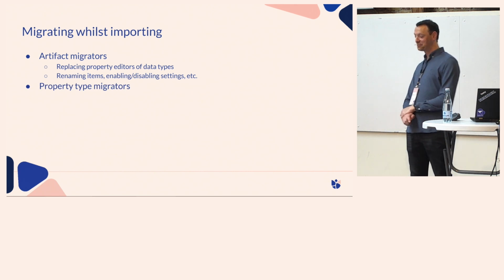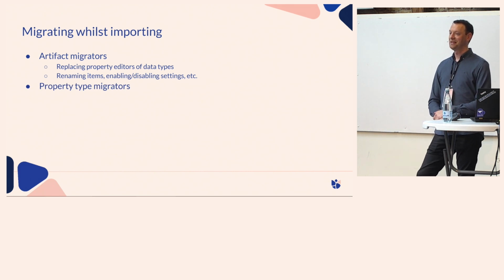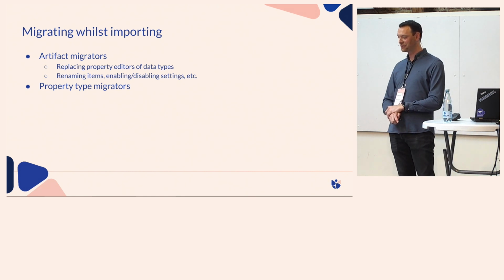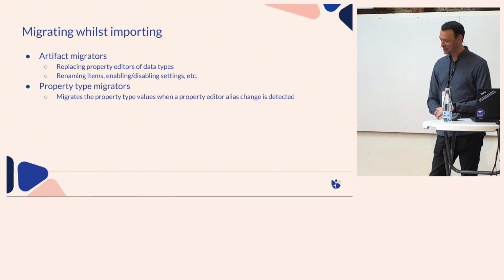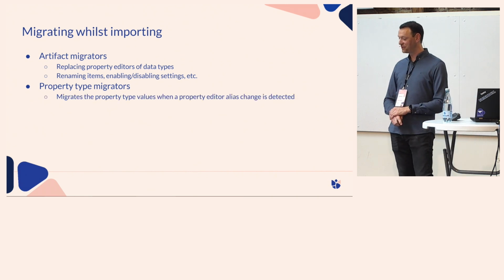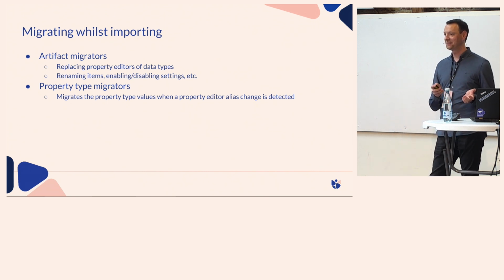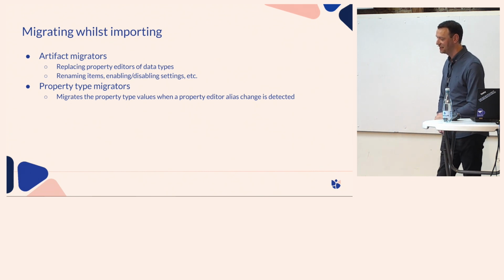And then there's property type migrators, and it's similar to the service connector and the value connector that I talked about before. The property type migrators allow you to migrate the property type values, so the property data, based on a changed property editor alias.